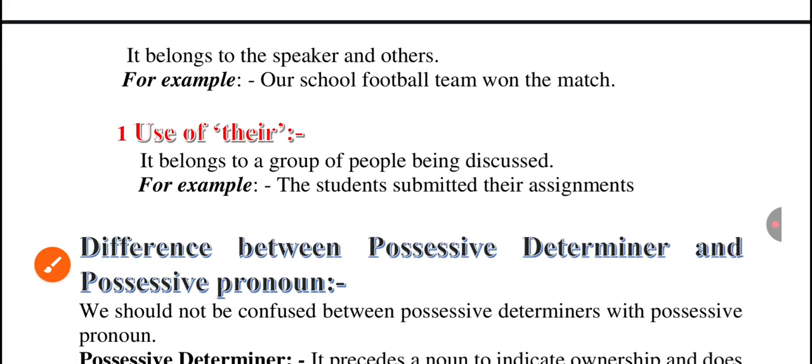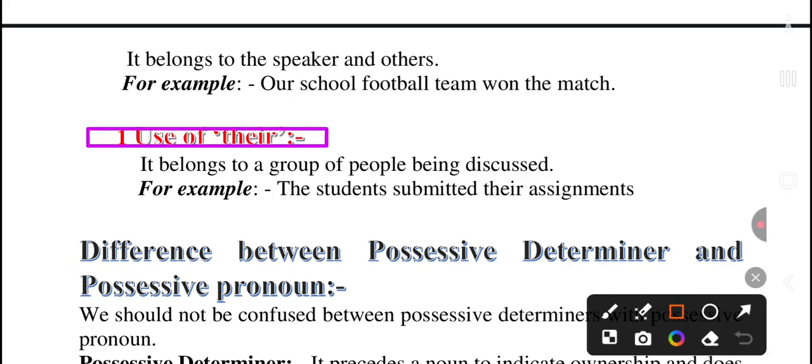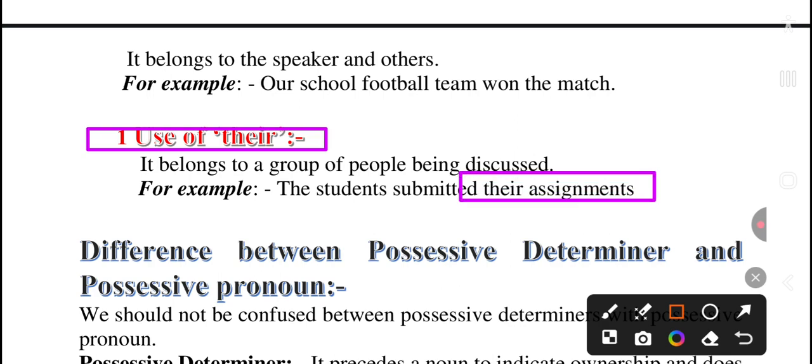Next one is use of their. It belongs to a group of people being discussed. For example, the students submitted their assignments. Here, their acts as a possessive determiner and assignments acts as a noun.